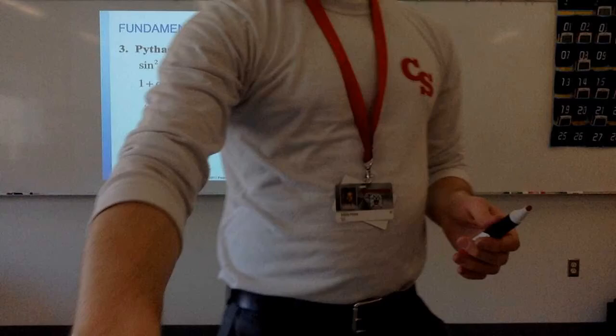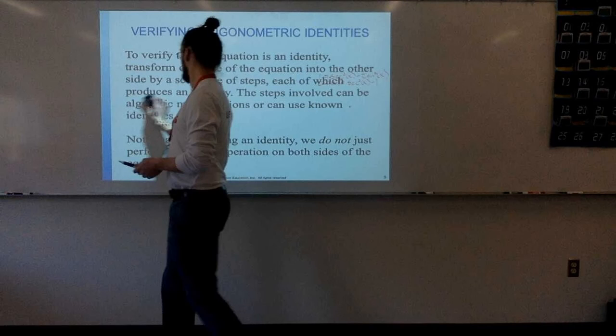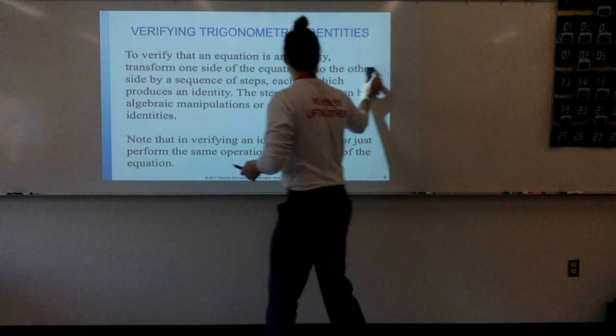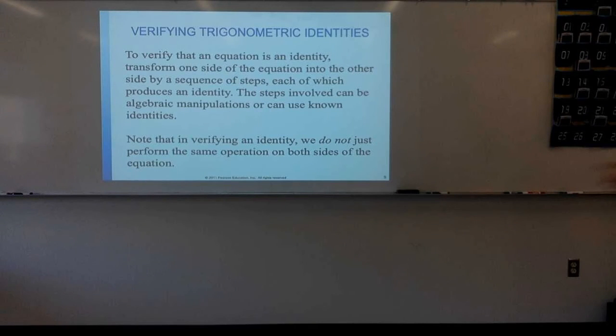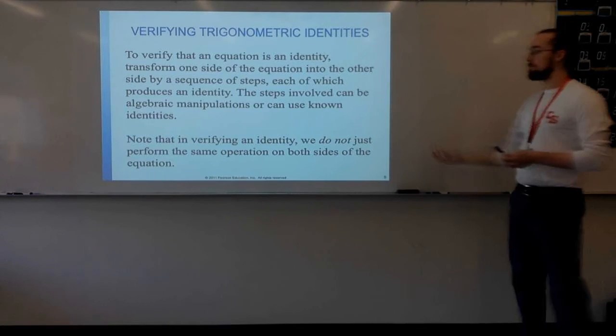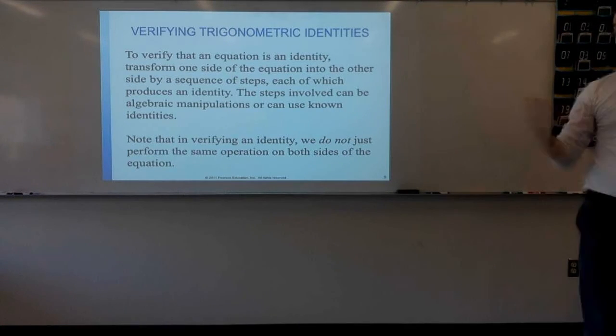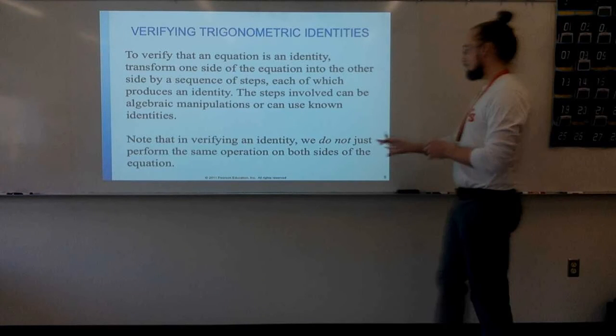All right, then let's try some. So I guess this slide just kind of says what I just said. Okay, to verify a trigonometric identity, we are just going to take one side of an equation and manipulate it until we get to the right side. Okay, so I guess this last line is kind of important here.